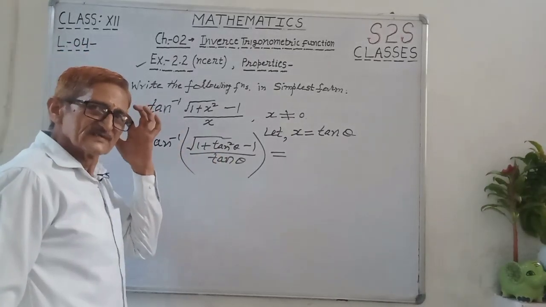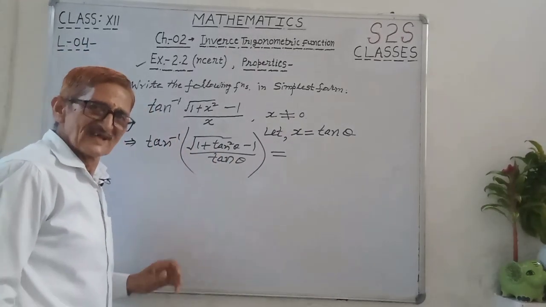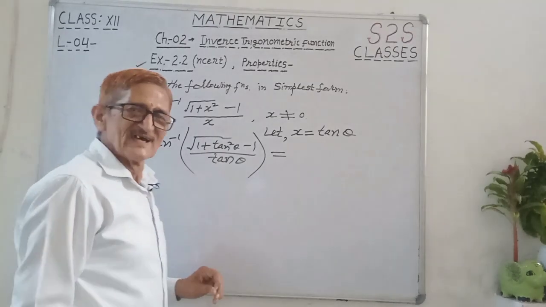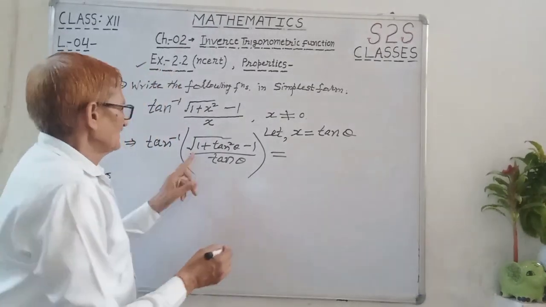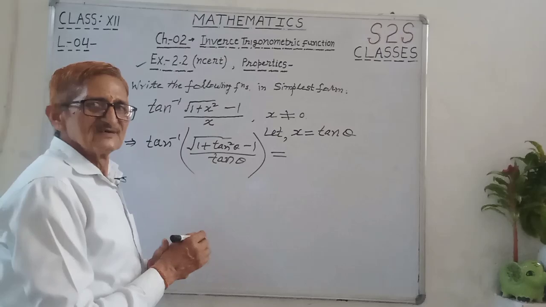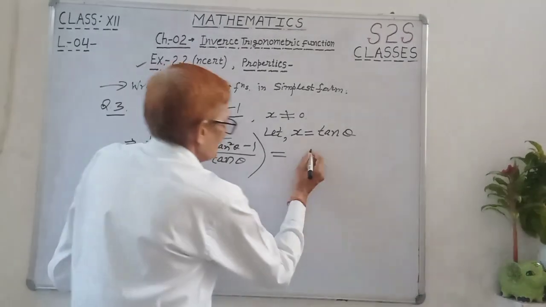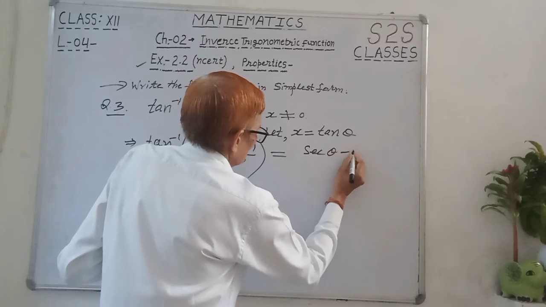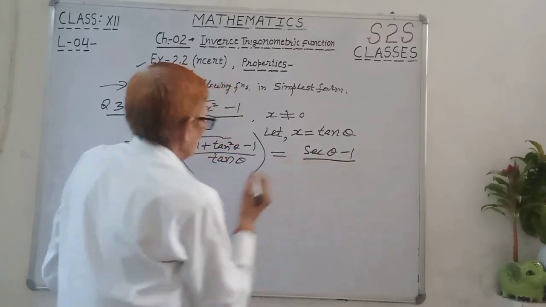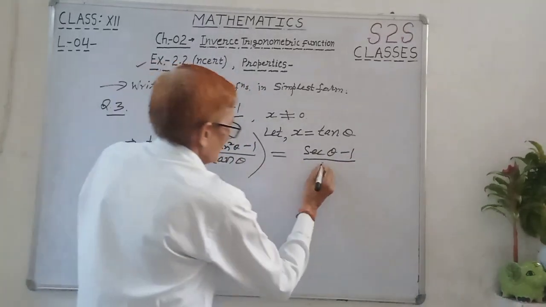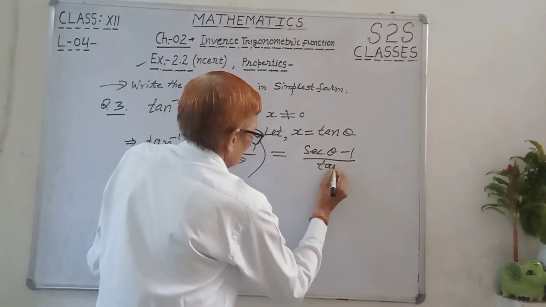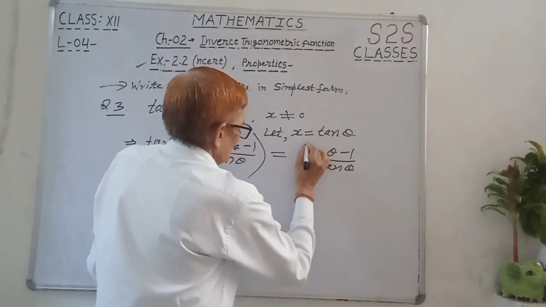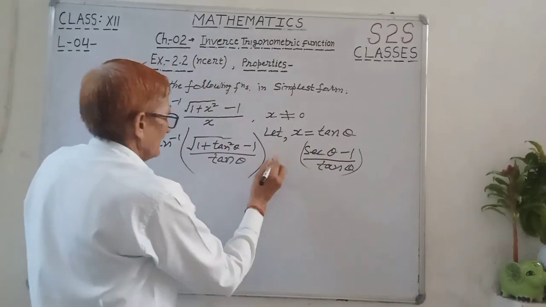We know this identity in trigonometry from 10th class: 1 plus tan square theta is sec square theta. Then square root of sec square theta is sec theta. So sec theta minus 1 upon tan theta, outside tan inverse.